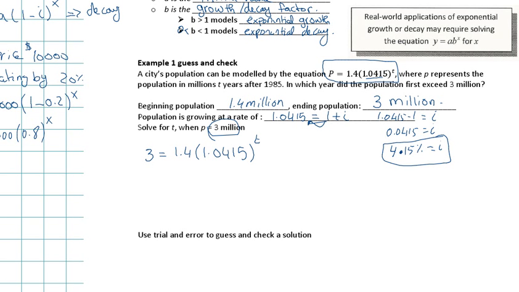So you're leaving this by itself, the 1.0415 to the power of t, right? So you want to bring this over, and then that will be 3 divided by 1.4 is equal to 1.0415 to the power of t. Can you find what 3 divided by 1.4 is for me, please?